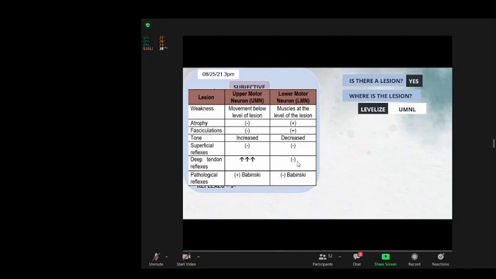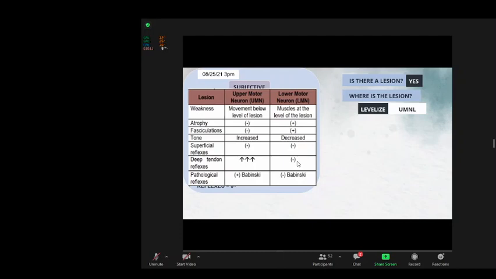Although I agree that it's still postganglionic. Okay, upper motor pa rin siya as far as the visual pathway is concerned. But to say that because of the DTRs, your patient's blindness is due to this, to use this table for your blindness is actually hindi siya masyadong applicable.